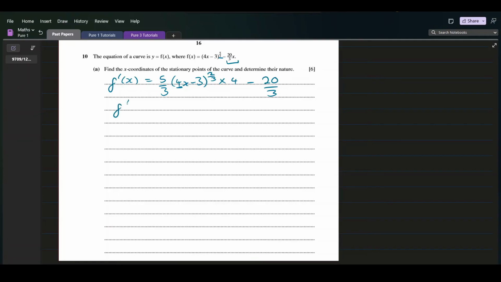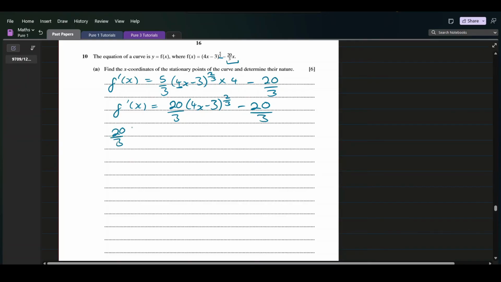If we simplify this, f prime of x is equal to 5 over 3 by 4 gives us 20 over 3, and this is 4x minus 3 to the power 2 over 3 minus 20 over 3, and this is our first derivative. Now we want to find the coordinates of the stationary points of the curve, so we're going to equate it to 0.